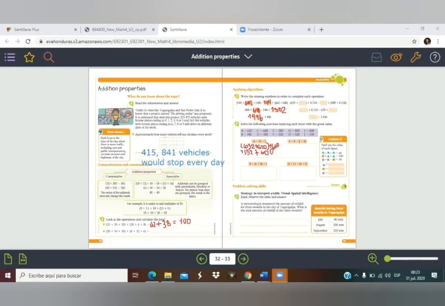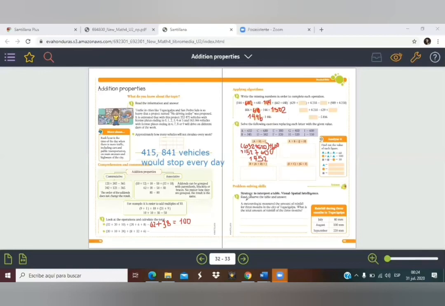Now, 1152 plus 600 is equal to 1752. Okay, as you can see, you have to do the same process with the others, right?